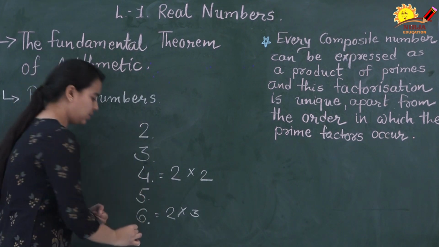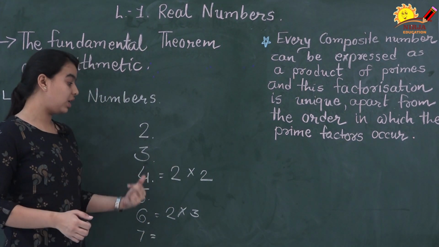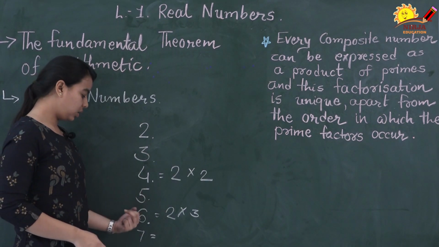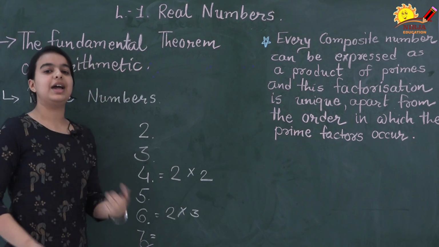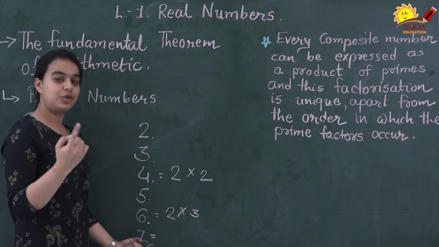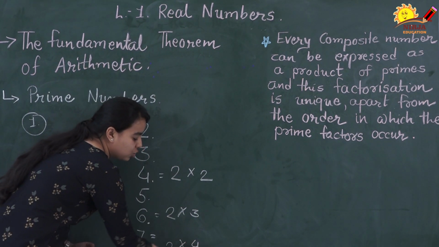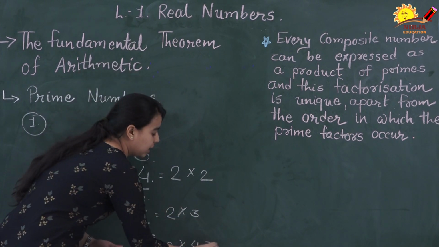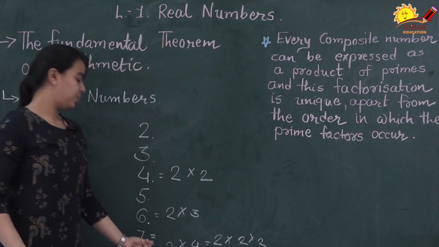After 6 it is 7. 7 also we cannot express as a product of two multiples which are smaller than that. Okay. After 7 it comes 8. 8 I can express as a product of two integers, 2 multiplied by 4. If I extend this again, I can write 2 multiplied by 2 multiplied by 2.